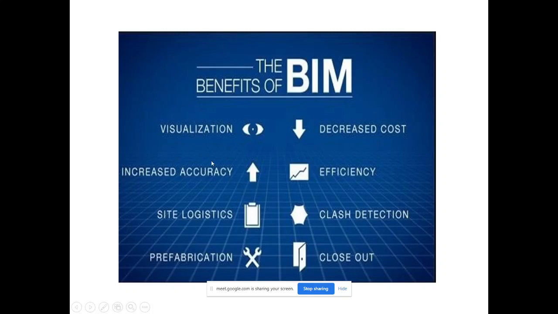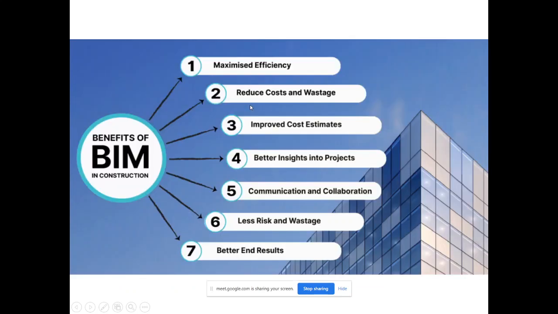Next one, accuracy. The accuracy of the work will be calculated for your construction purposes also. Then site logistics and fabrication. Next, decreased cost, efficiency, clash reduction, and closeout. These are all the main benefits of BIM software.